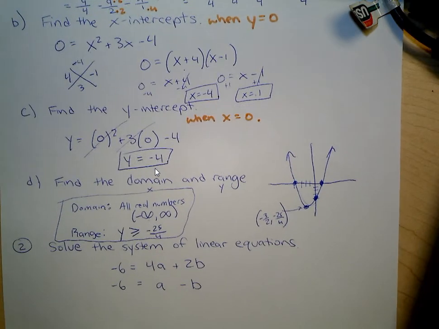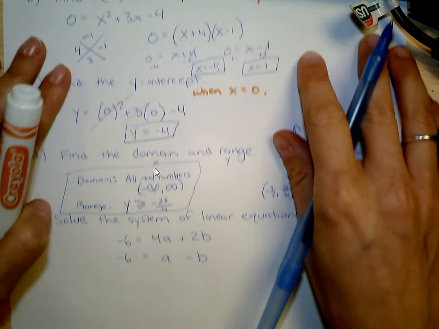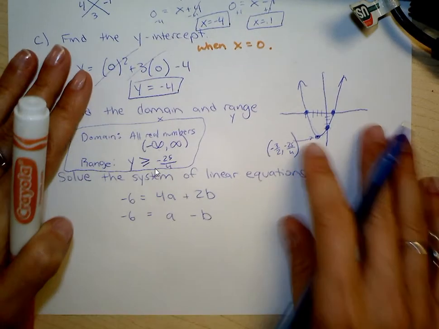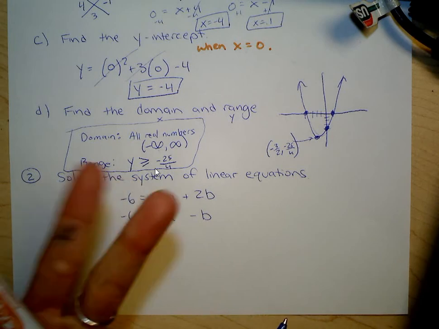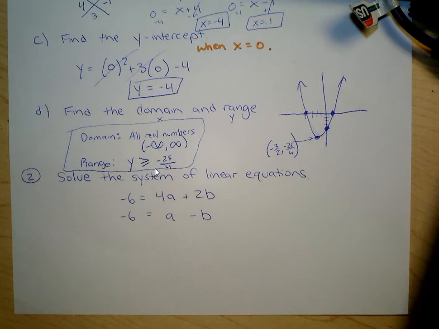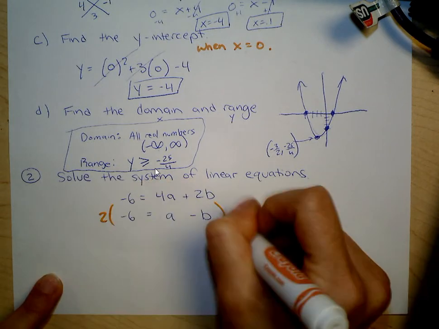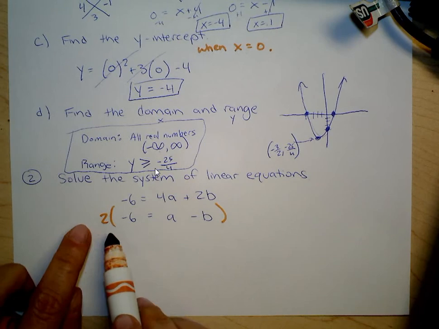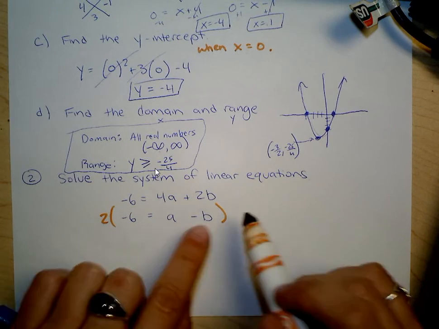All right, looking at number 2, solving system of linear equations. We can either use substitution or elimination. I prefer elimination. It's personal preference. I'm going to multiply this whole row by 2. I could have also multiplied the row by negative 4 to cross these 4's out. Remember, one has to be negative, one has to be positive.